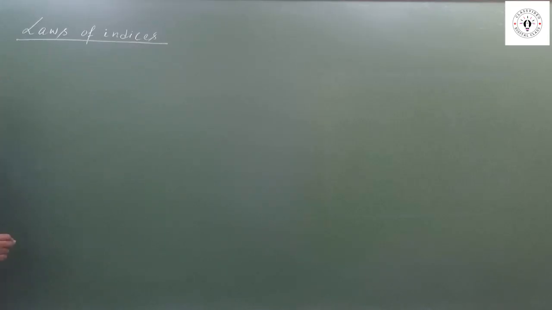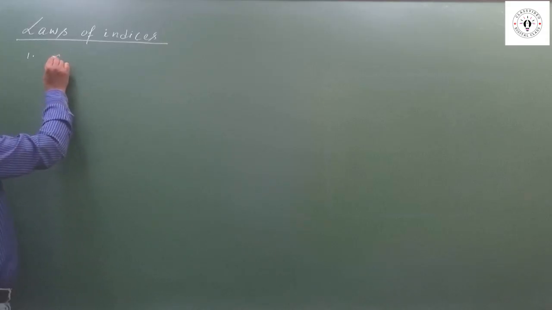Law means rule, and indices means, as I just told you, powers. So the rule of powers means how to operate on the powers. You have already studied this rule in class 8, and completely in class 9 also. It is the same rule, we are just going to recall it.